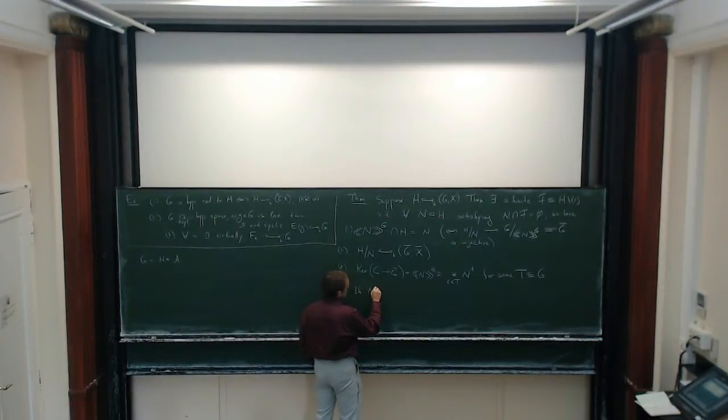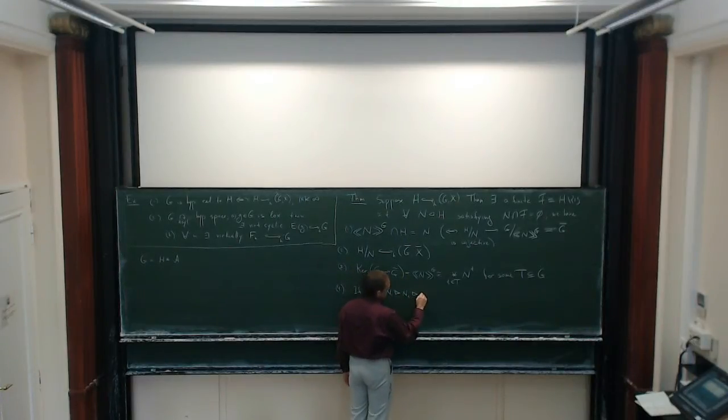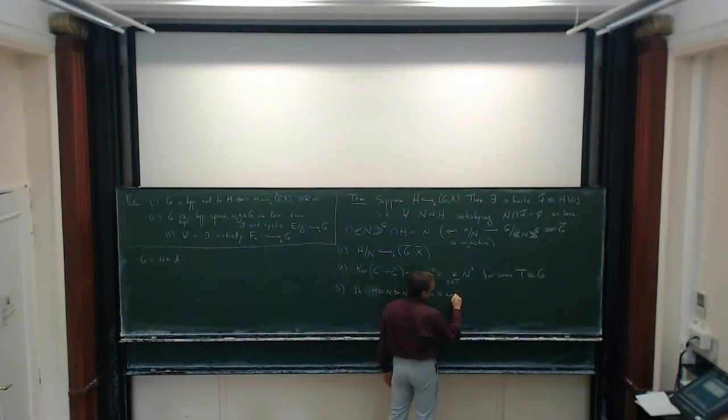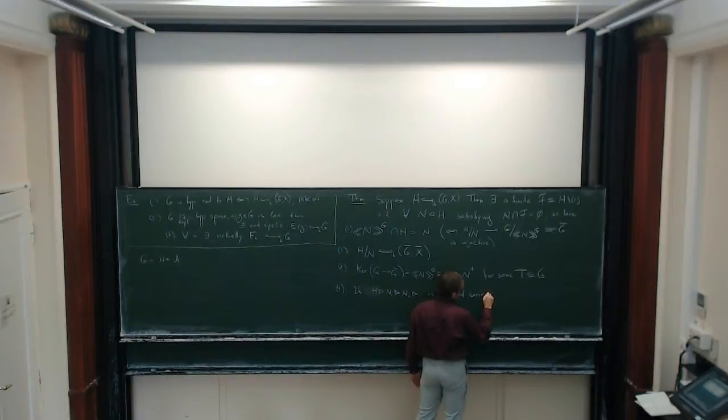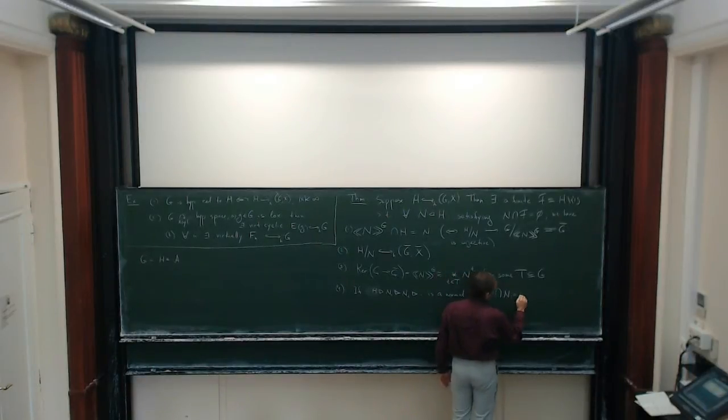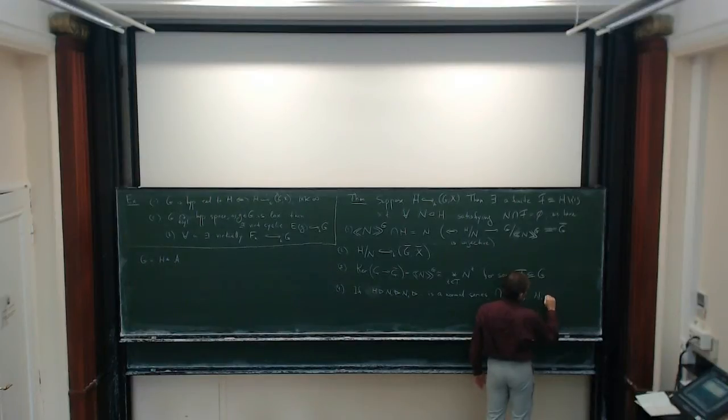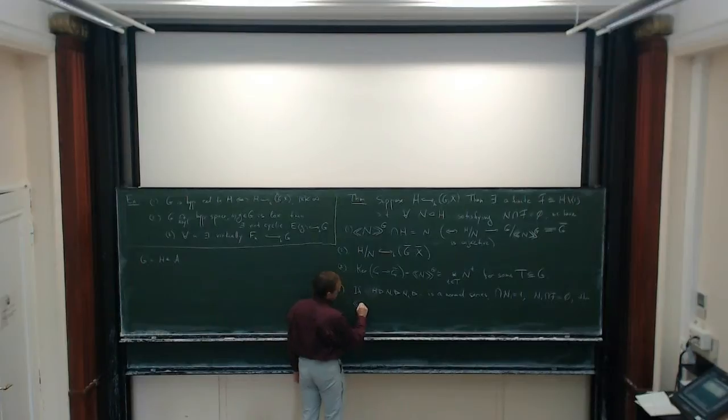If H has normal subgroups n1, n2, and so on, a normal series, the intersection of the ni is trivial, and all ni intersect F trivially, then the corresponding kernels, the normal closures of ni in G, intersect trivially as well.